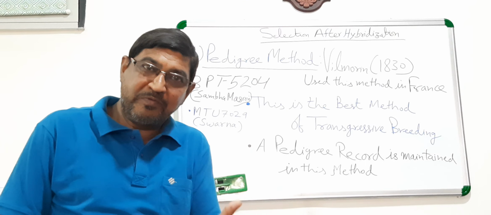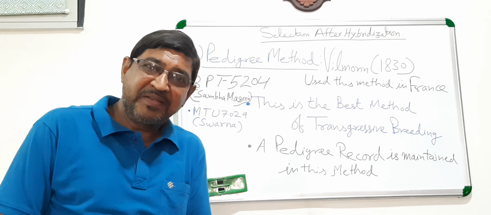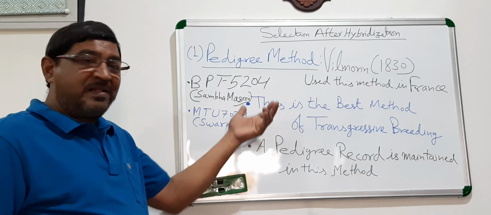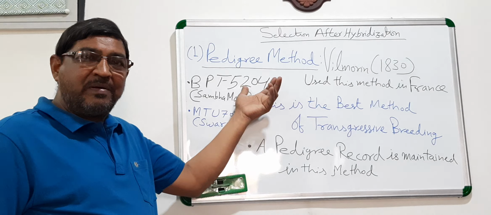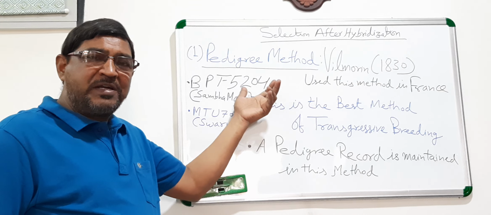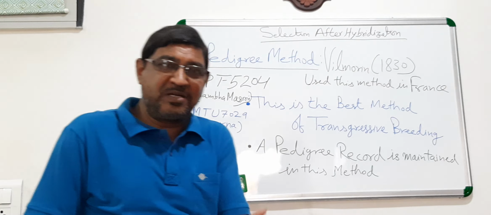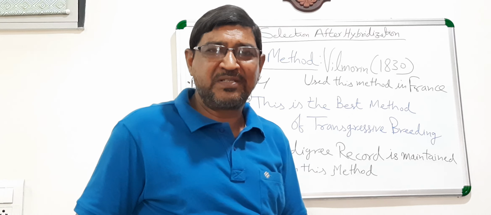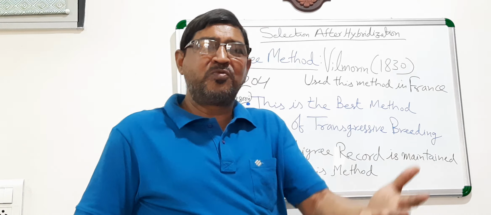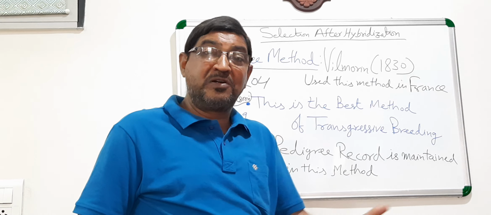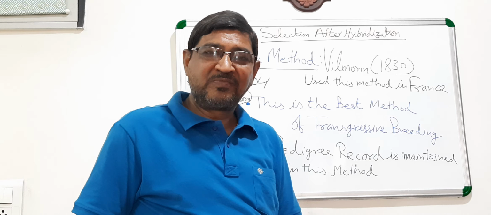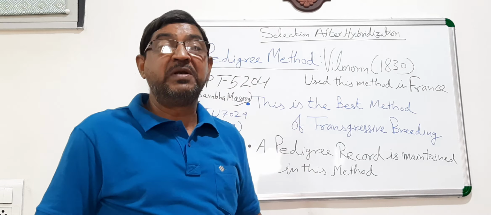So we got a new variety which is yielding up to this, with cooking quality and grain quality like this, which was not available, which was the requirement of the farmers and consumers. So you got an entirely new variety in the world, you can say. So this is transgressive breeding.